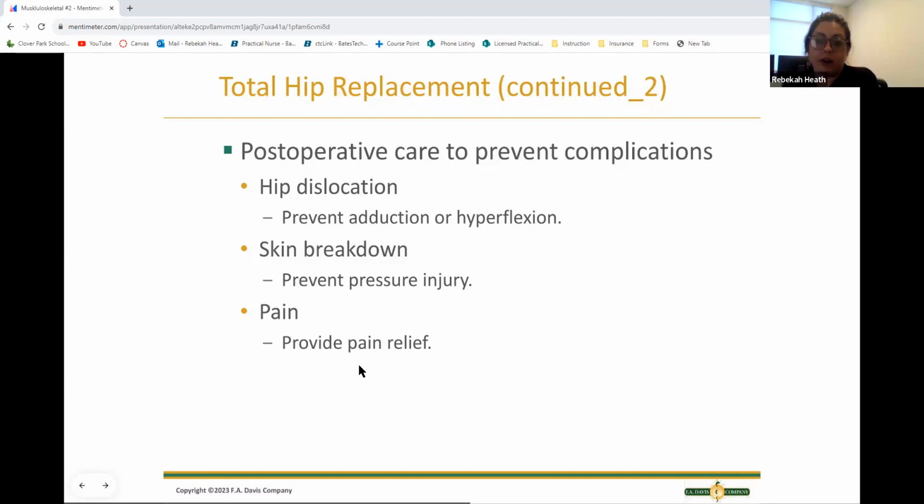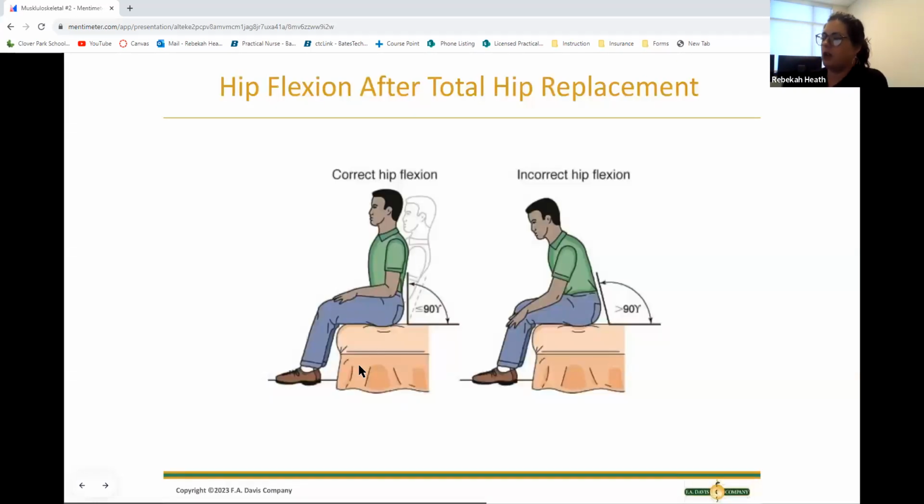And they really were very cautious with how you moved patients and positioned them. So like, here's a picture where if somebody had an anterior hip replacement, the incision was at the front, you didn't want them to lean over 90 degrees. So you had to really teach them some things on how to not do that.